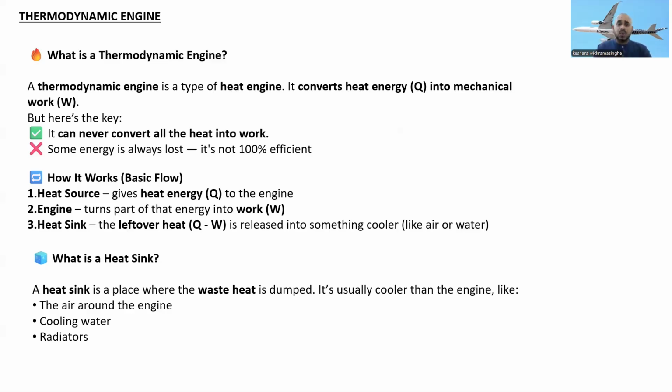So how does it work? The basic flow is that the heat source gives heat energy to the engine, and the engine turns part of the energy into work. The leftover heat is Q minus W, where Q is the heat energy and W is work. That leftover heat is released into something cooler, like air or water, which is the heat sink.